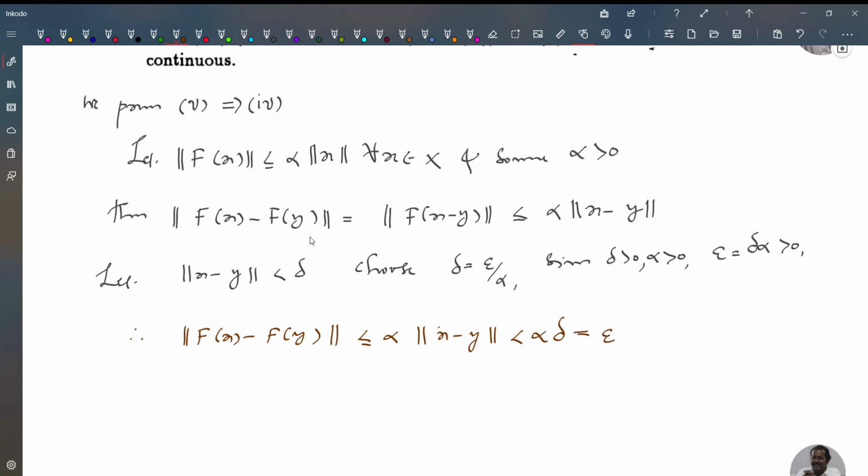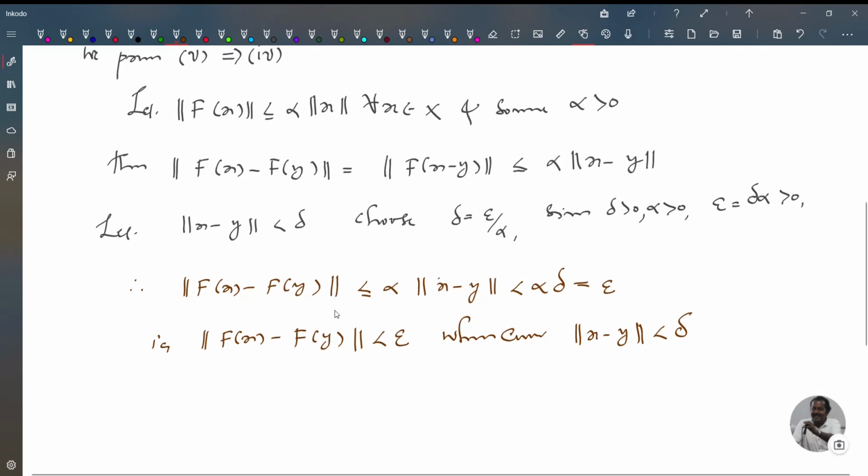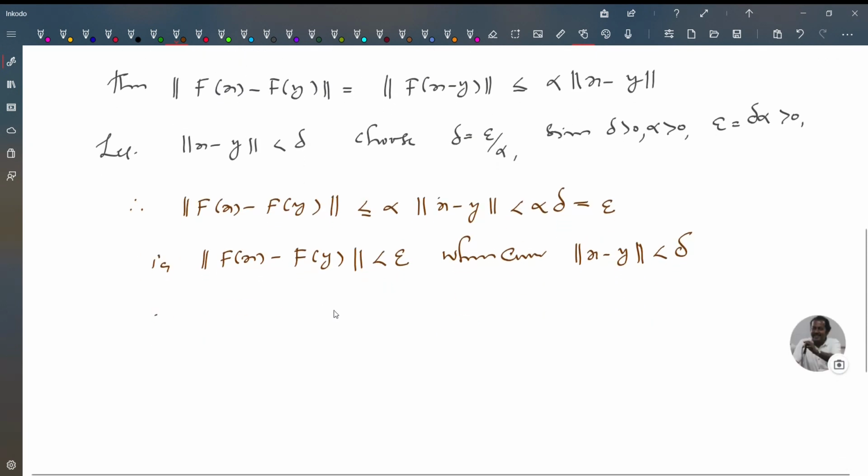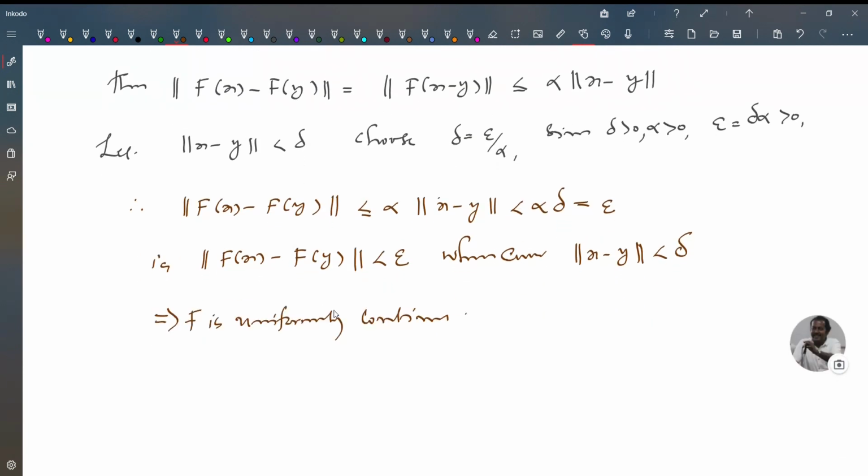That is, norm of f(x) minus f(y) is less than epsilon whenever norm of x minus y is less than delta. This implies f is uniformly continuous on X.